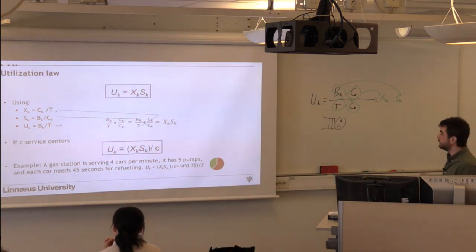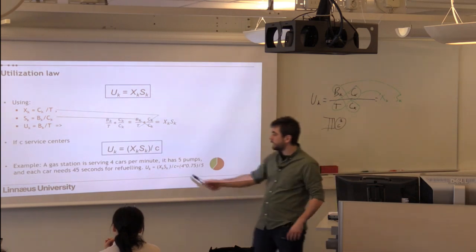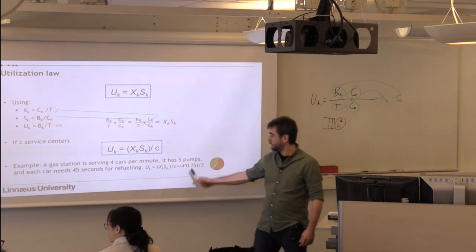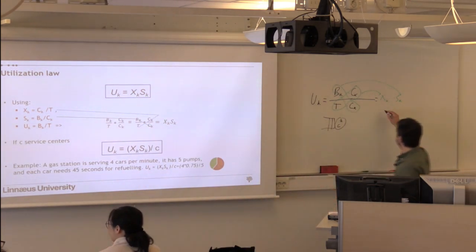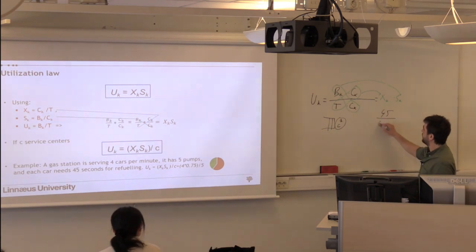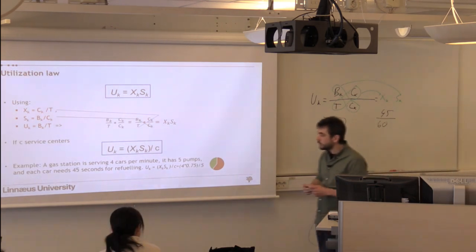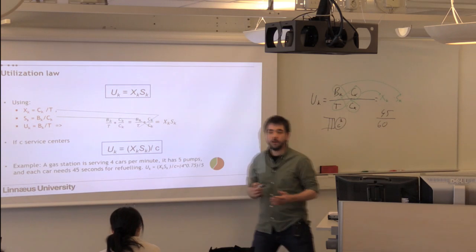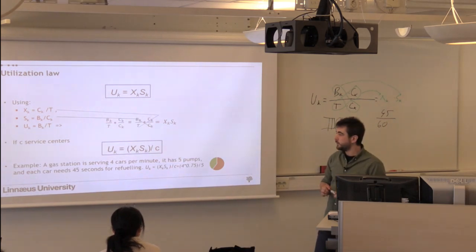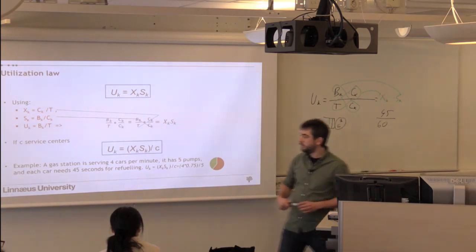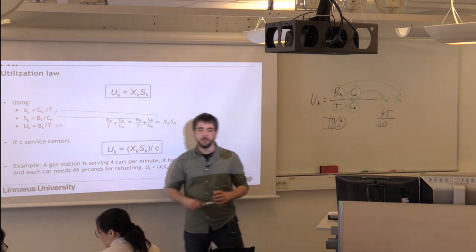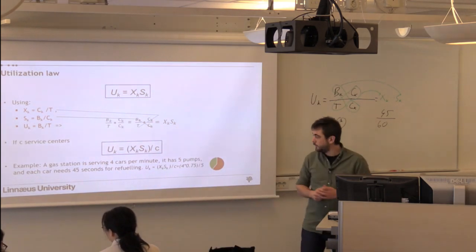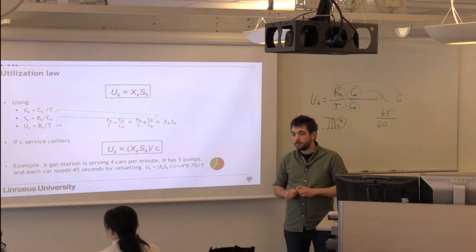So 4 cars, the throughput, times 0.75, which is 45 seconds divided by 60 seconds in a minute, divided by the number of resources we have. So our gas station is used 60% of the time, 0.6.